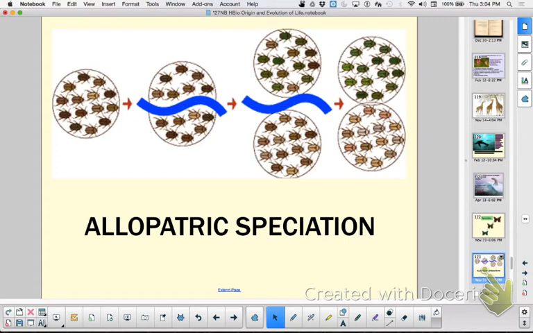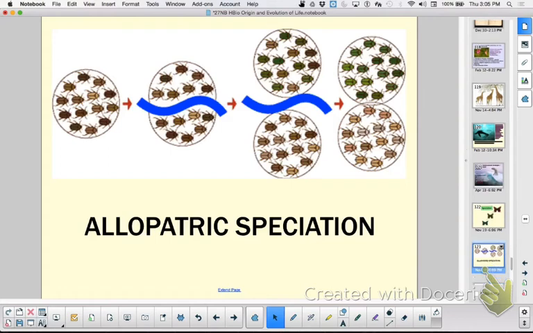They're having their own selection pressures, and they have different initial gene frequencies. So as a result of that, they go their own way. Even if you remove the barrier, they've become so different they don't want to mate anymore. That is the most common form of speciation, allopatric speciation. It all starts with a barrier.